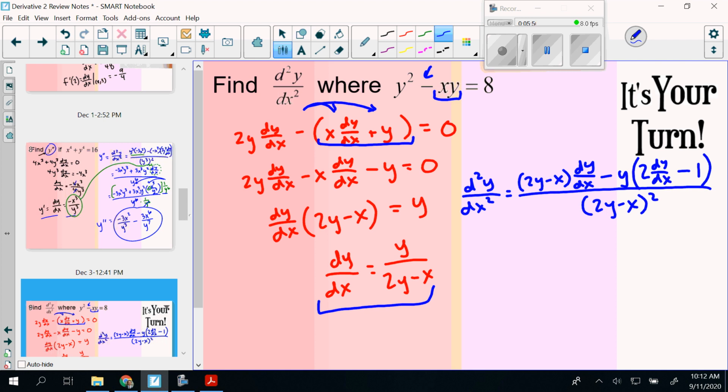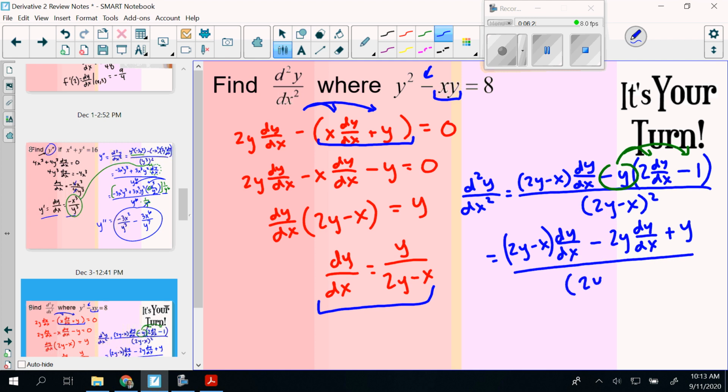To simplify that now, we're going to have to distribute this negative y here to both. So we get 2y minus x. It'd be minus 2y dy/dx, and then end up being plus y there.